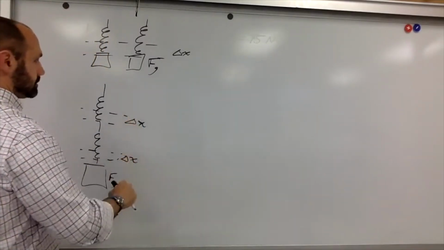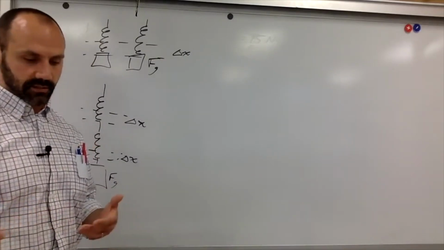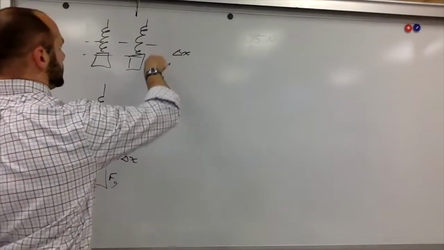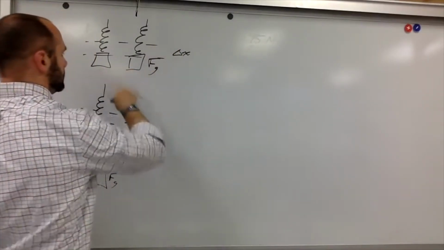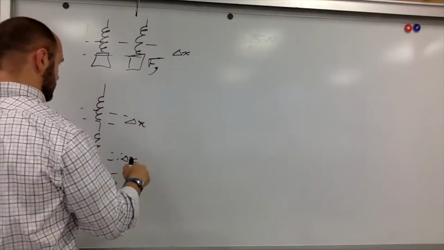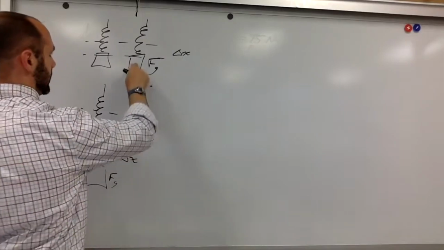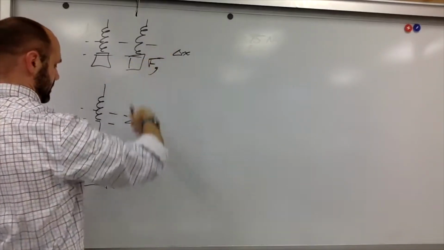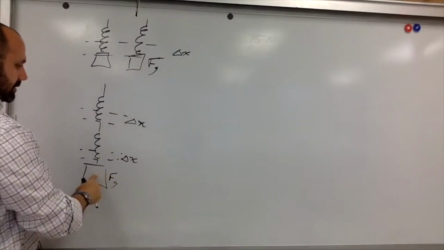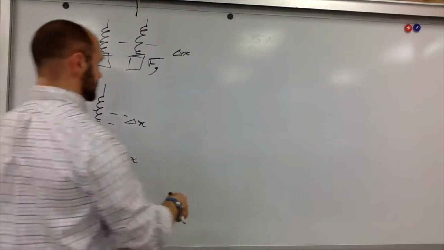Now we're going to assume that we don't know if these are the same springs or not. We just got two different springs. But here, imagine I've got one weight attached here, a weight attached here. I get some delta x, and then one of these weights I attach here again, and now I'm adding up these two delta x's, right?